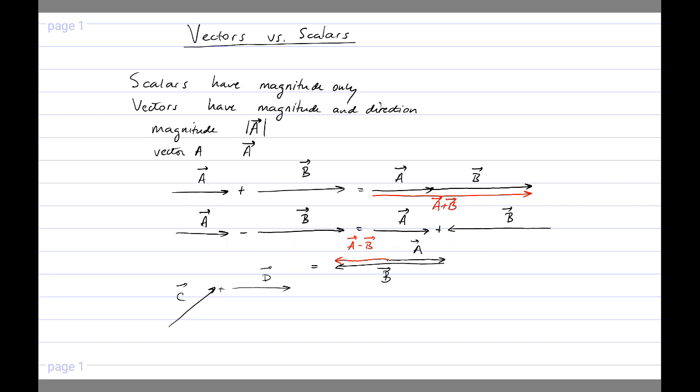So I'm going to redraw vector C, and to the tip of C I will bring the tail of D, so that when I add C to D, the resulting vector will be joining the tail of C to the tip of D. So this would be C plus D.